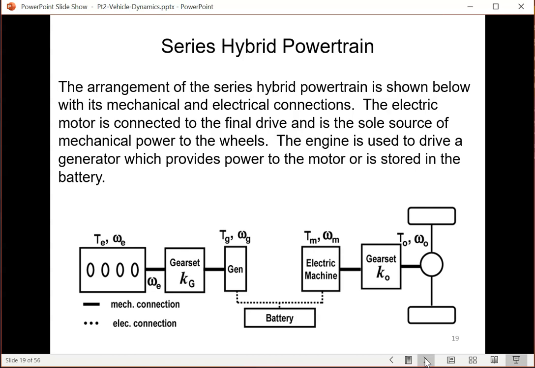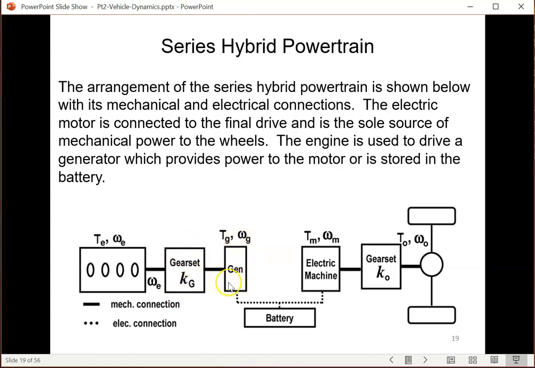Now the diagram here shows the basic components of a series hybrid vehicle powertrain. Okay, so on the very left hand side, you have an engine that burns the fuel. The engine drives a generator through a gear set with a gear ratio of kg.